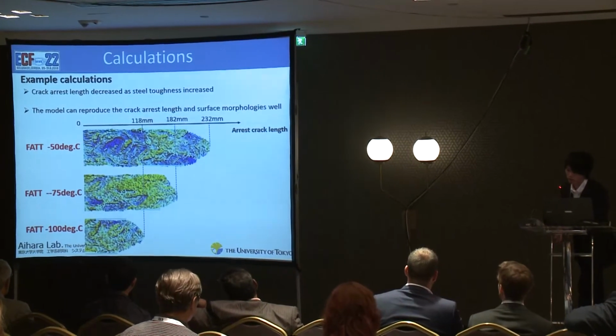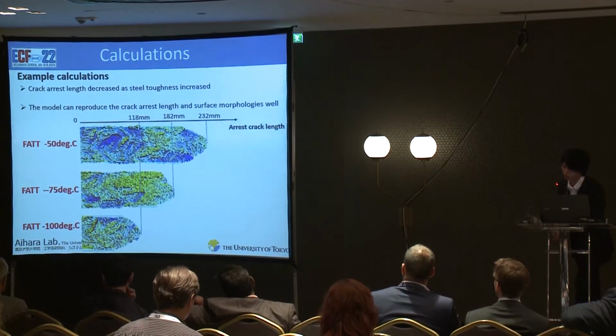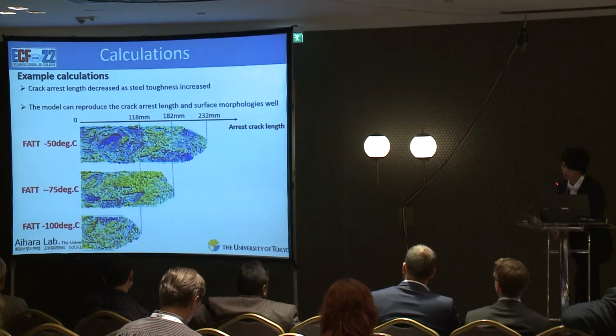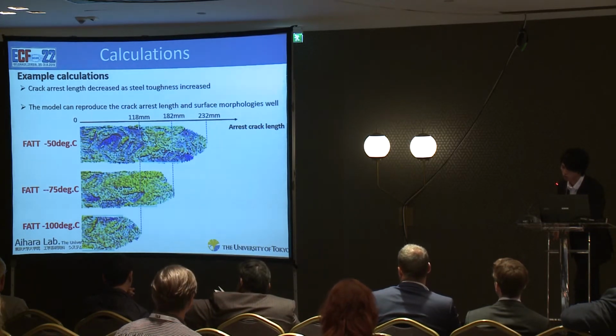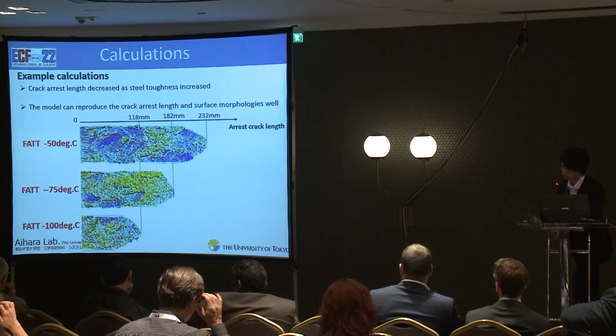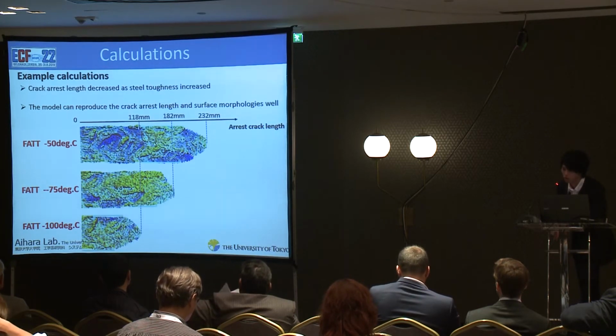Next, I explain another calculation. The same testing condition as the reproduction calculation was applied, but the Charpy absorbed energy transition temperature is changed to minus 50 degrees, minus 75 degrees, minus 100 degrees. From this calculation, we intend to identify consistency of the present model. The calculation result is this figure.